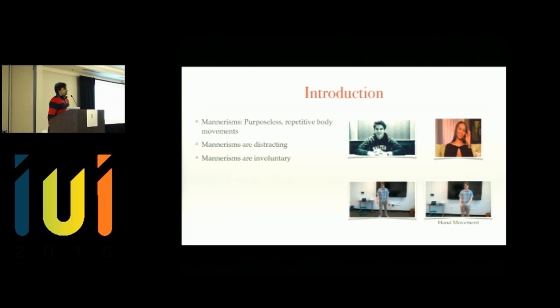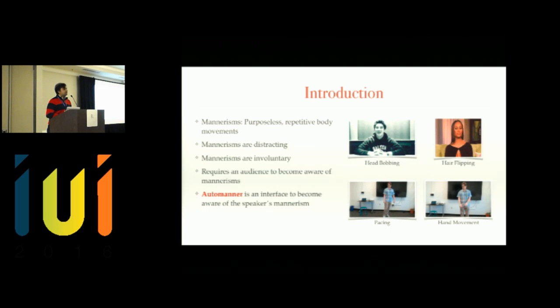Mannerisms are involuntary, so if someone from the audience doesn't let the speaker know about their mannerisms, they usually are not aware of them. So imagine if we can design a system that takes that job of the audience and makes a public speaker aware of their body language. AutoManner is designed just to be that system.